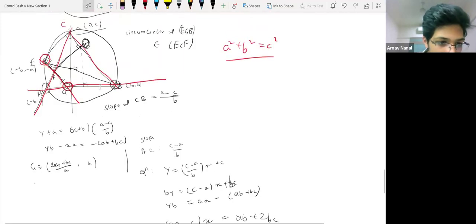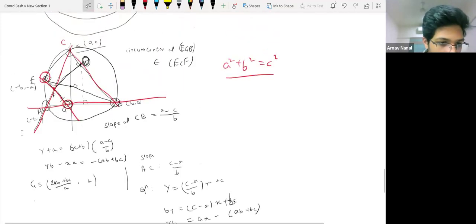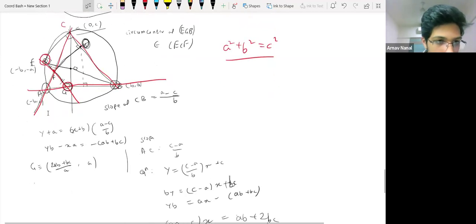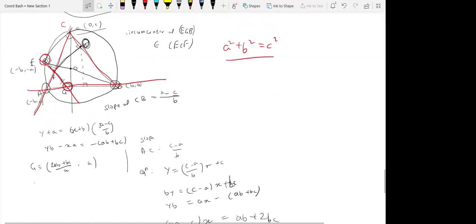Wait, just a minute. How did you get the step after by is equal to c minus ax plus bc?